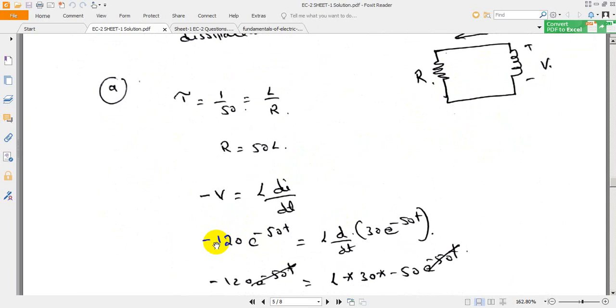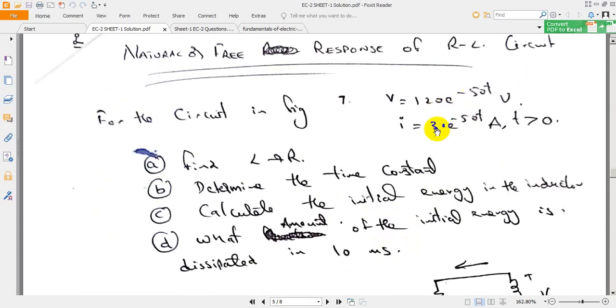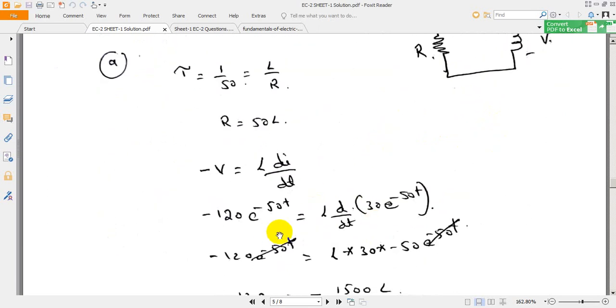Substitute the value: minus 120 e power minus 50 t is equal to L di by dt of 30 e power minus 50 t. I is given in the question as 30 e power minus 50 t. Differentiating, the derivative of e power x is e power x times the derivative of x, so you get minus 50 times 30, which is minus 1500 e power minus 50 t.